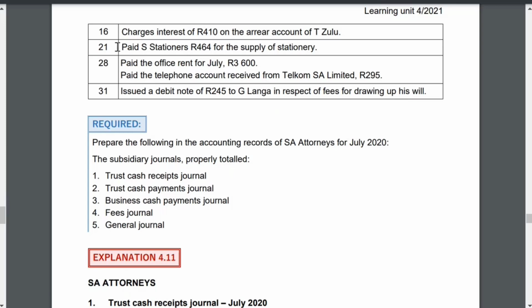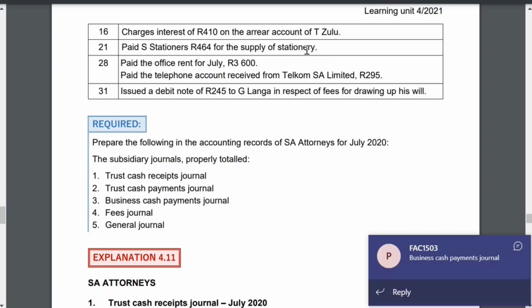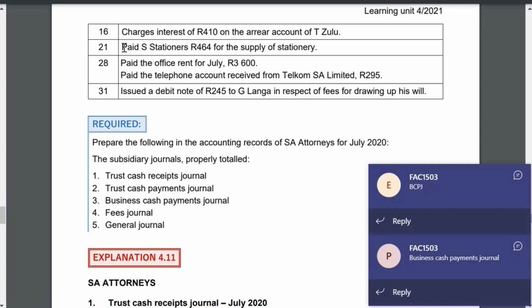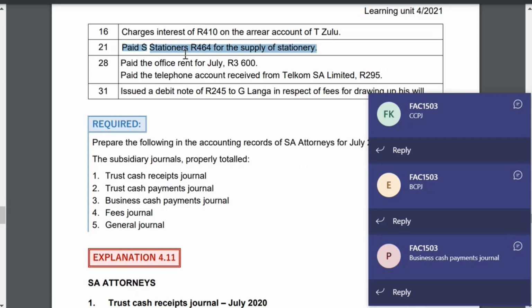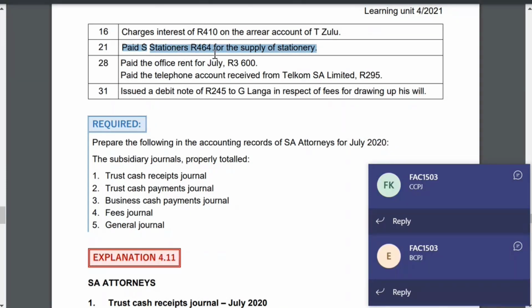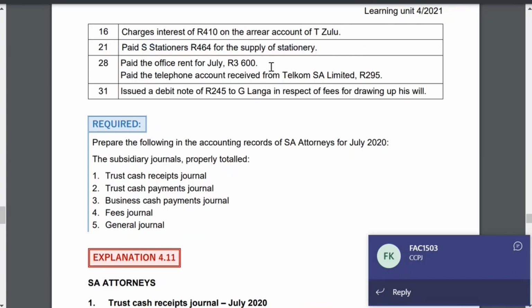Transaction number 21, paid SA Stationers 464 for the supply of stationery.